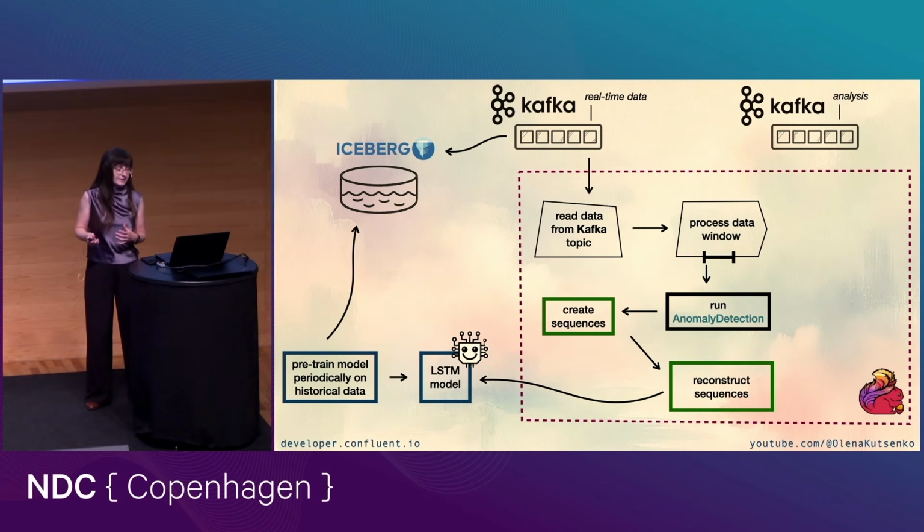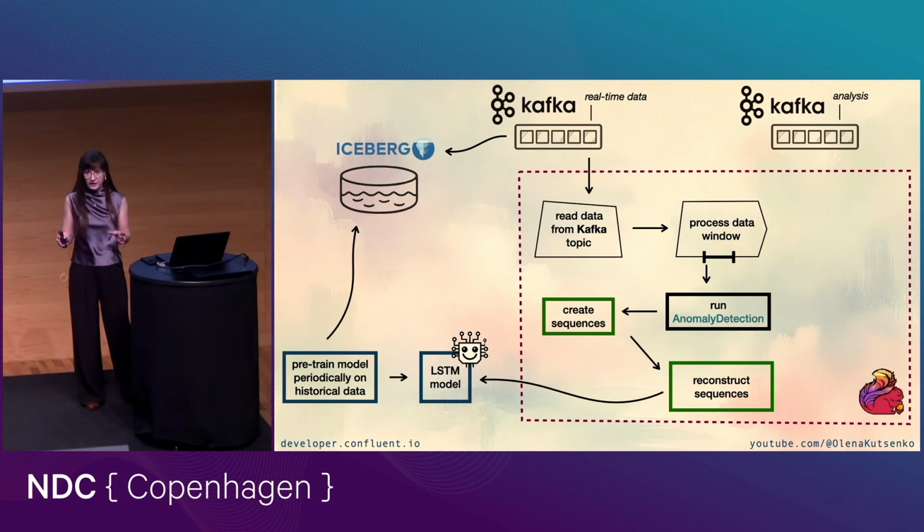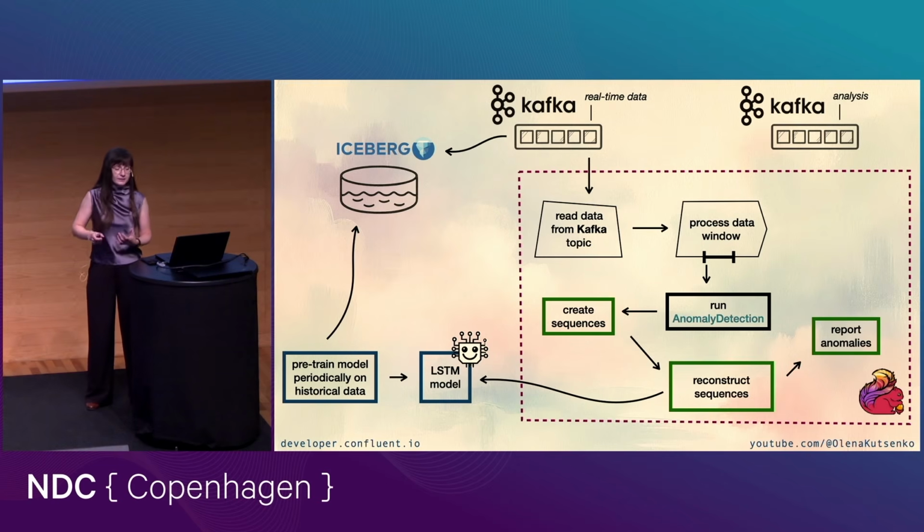And here's the LSTM model. You need to pre-train that model. The training itself comes with a bit more cost, but you need to pre-train that model, and maybe retrain from time to time. We can use some kind of storage for this. For example, I was using the data stored in Iceberg so that I could get information from Apache Kafka.